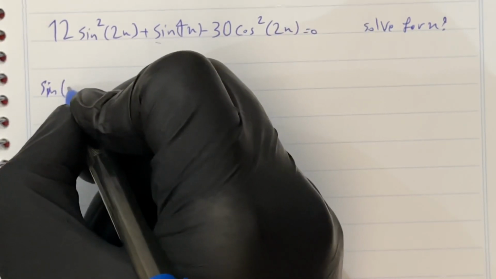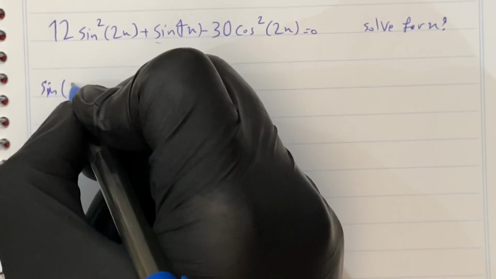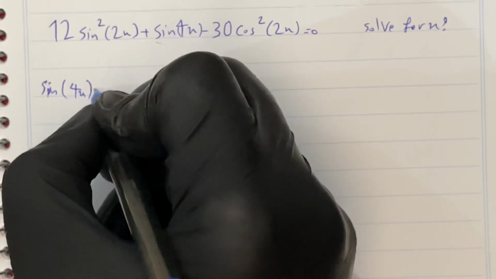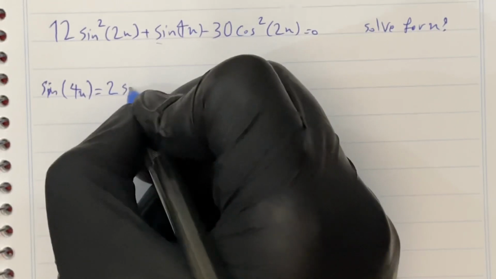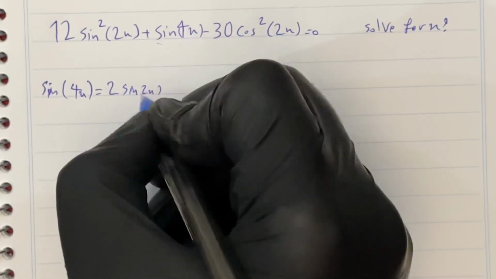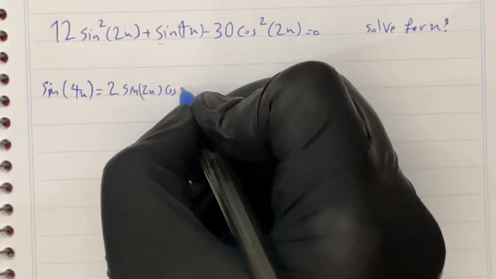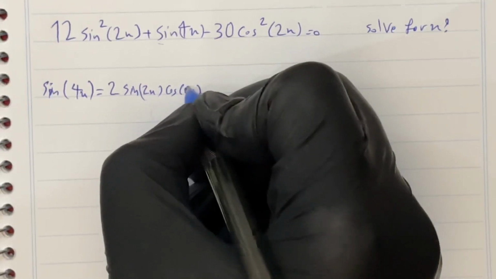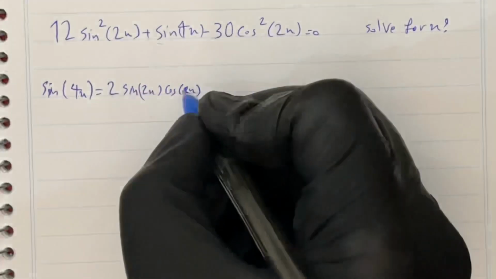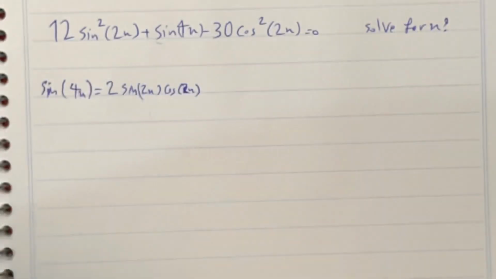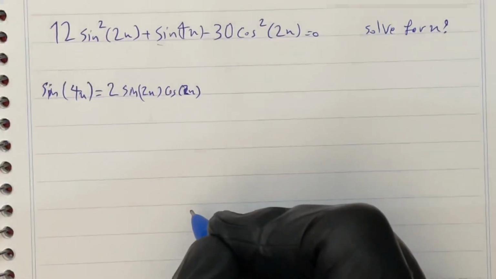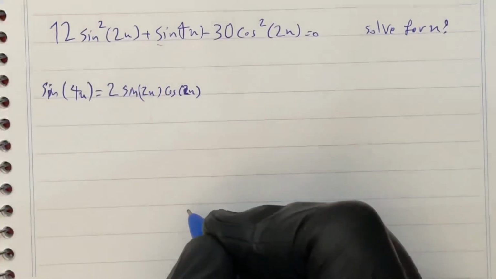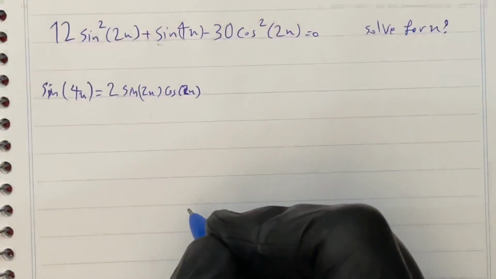We know that sine of 4x is equal to 2 times the sine of 2x times cosine of 2x. That was the only idea used in this equation, but please follow along with me. It has some interesting things, which I'll explain to you.